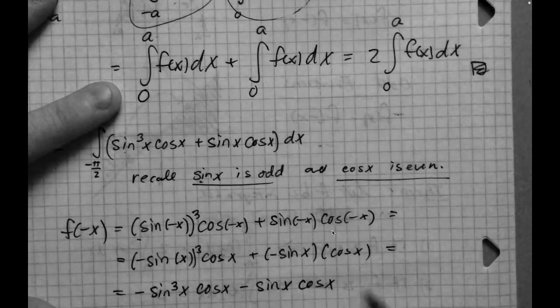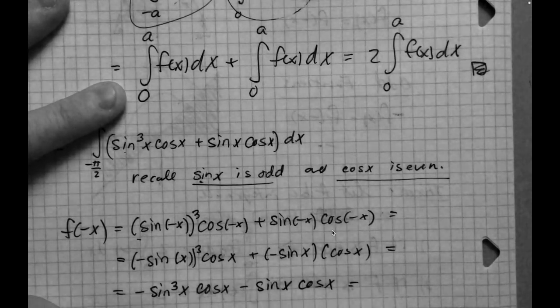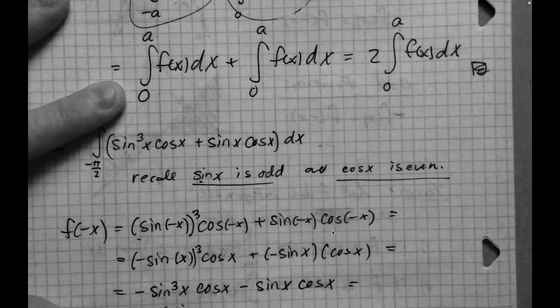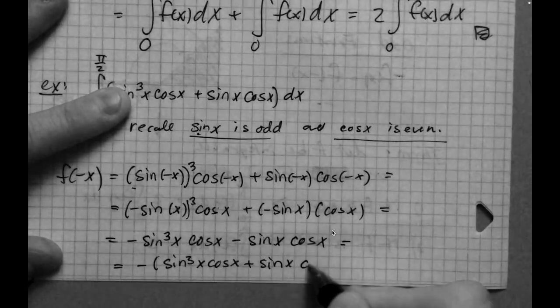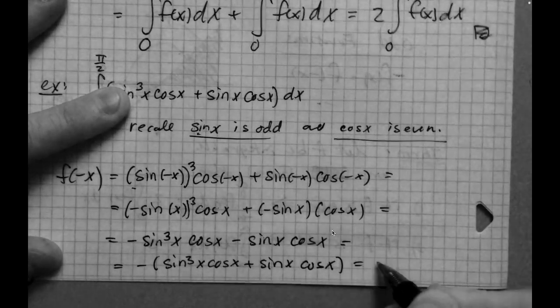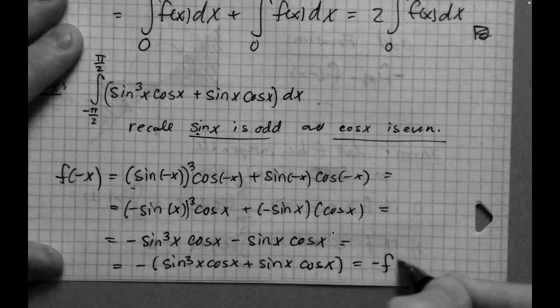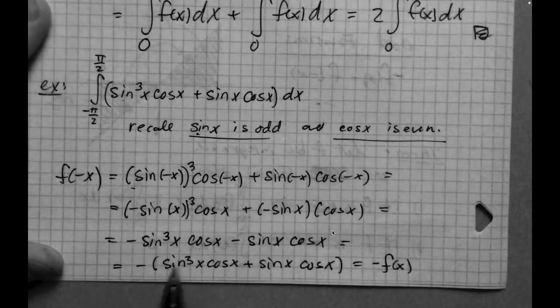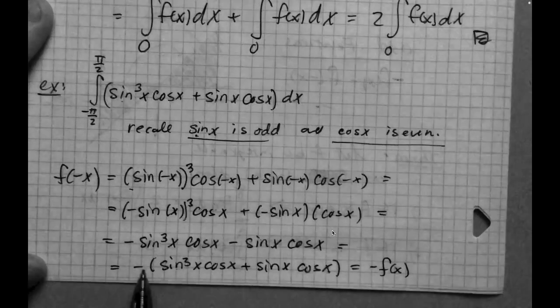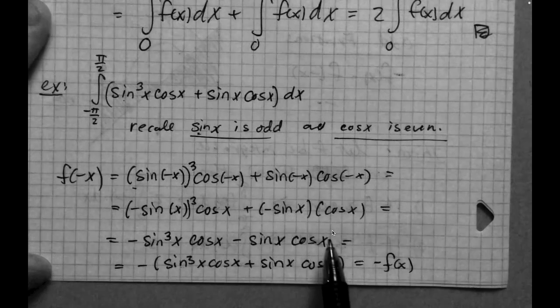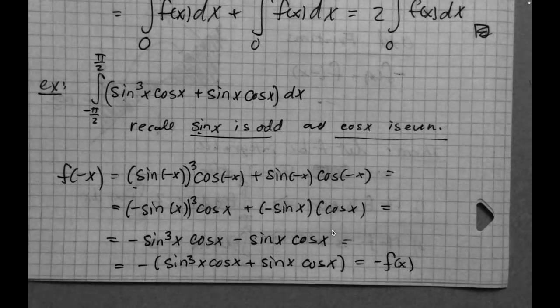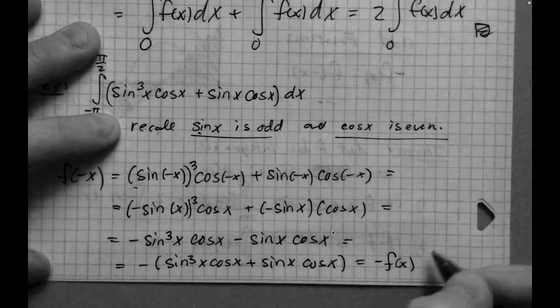Okay, and so you could factor the negative out, like so, and you can see then that that is negative f of x, isn't it? So f of x is this piece inside the parentheses, the negative sign is out front, and so that means that f is odd, right?